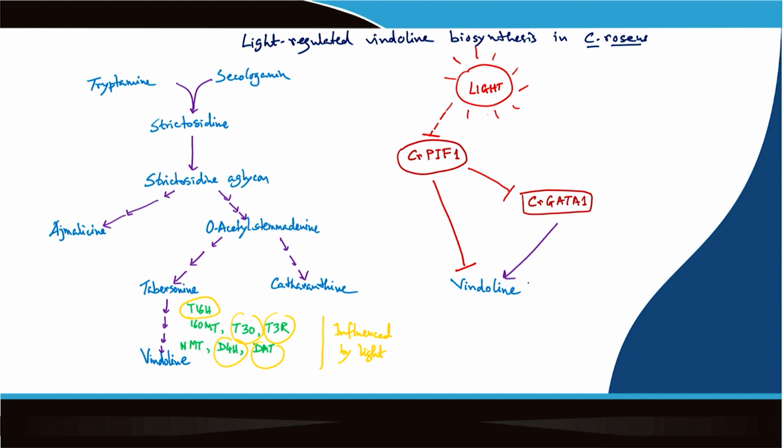That means in the dark, CrPIF1 basically suppresses the positive regulator CrGATA1 and that leads to no indole formation in the dark. But when light comes, that basically suppresses CrPIF1, that is why we are showing here an arrow, and as a result CrGATA1 is active, which plays an important role in indole biosynthesis.